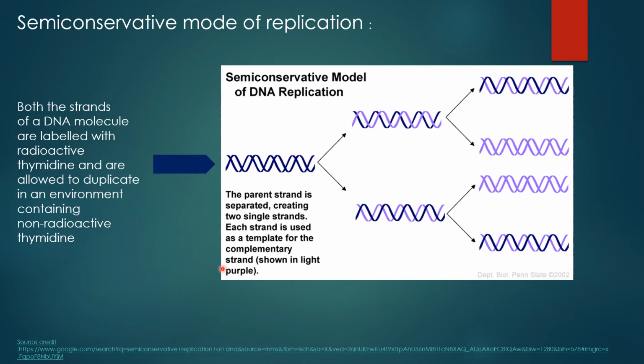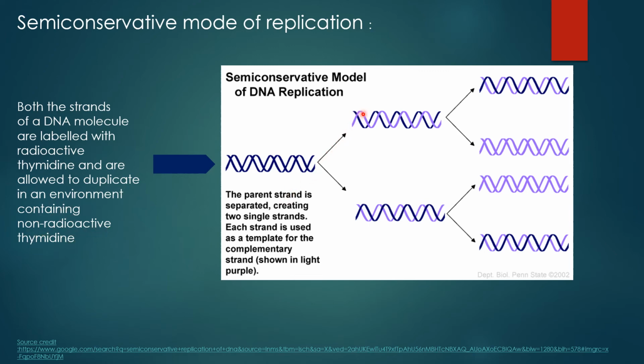See, this is another image. Here again, the semi-conservative model of DNA replication is shown. Now, what our question is asking: both the strands of the DNA molecule are labeled with radioactive thymidine. Consider these dark purple strands, both labeled with radioactive thymidine. These are allowed to duplicate in an environment containing non-radioactive thymidine.